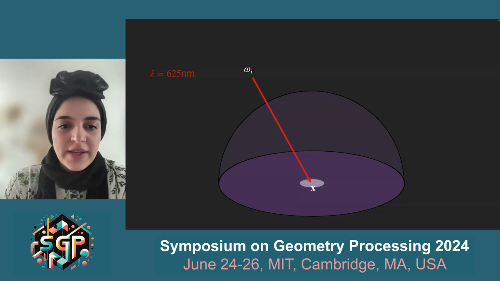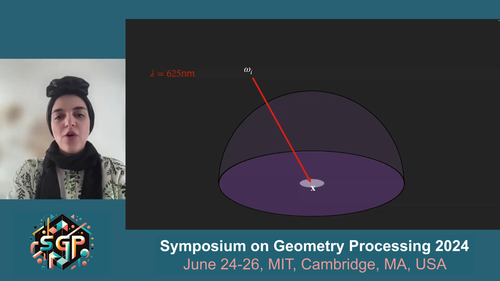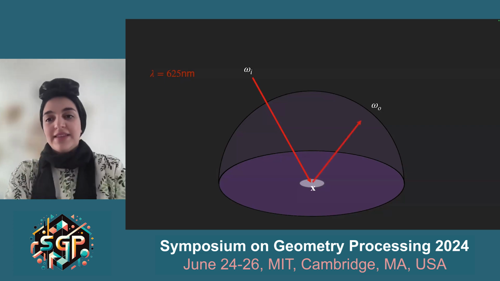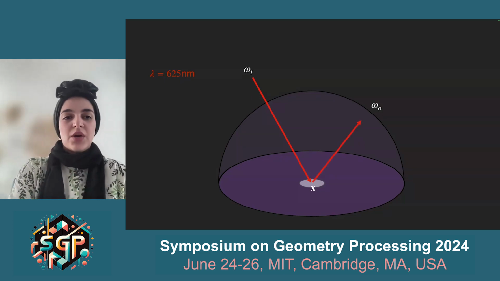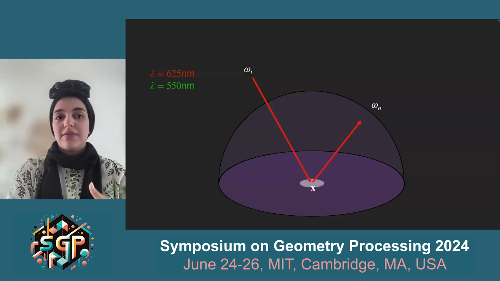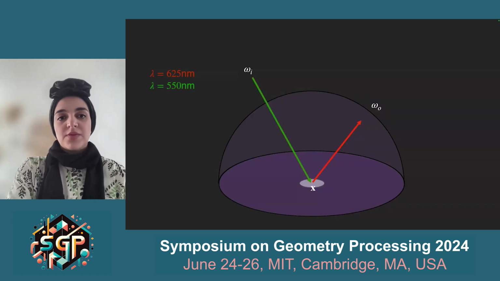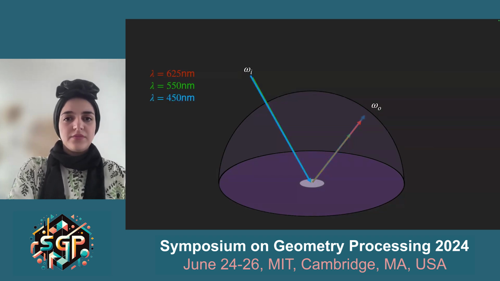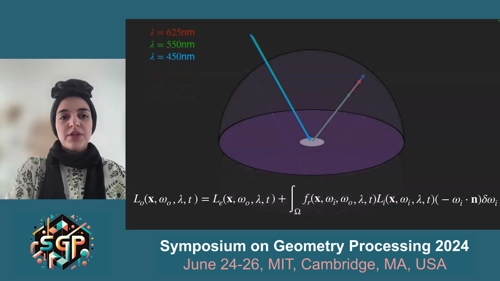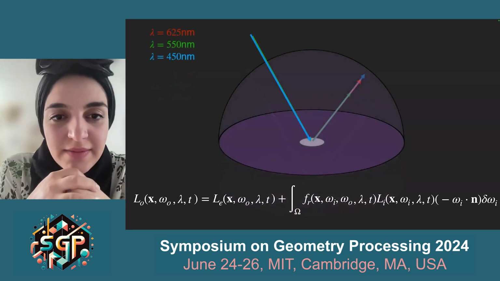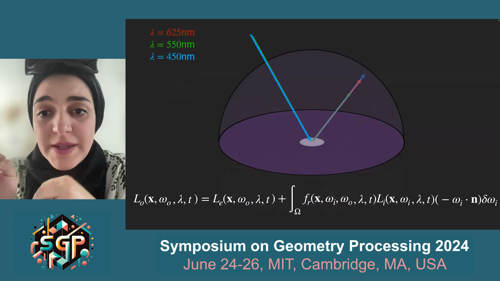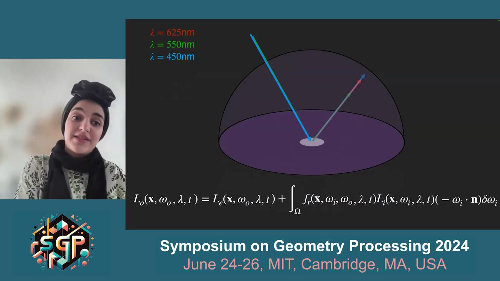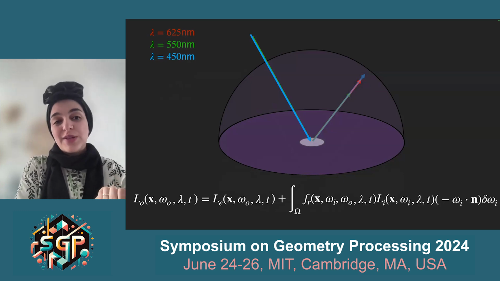Evaluating the BRDF for this material would tell us how much red light is heading out, specifically in the direction of omega O. And we could do the same for the green light as well as blue light. Then we would get different values, probably even if we kept omega I and omega O the same, because the material responds slightly differently to different wavelengths of light. So that's pretty cool.